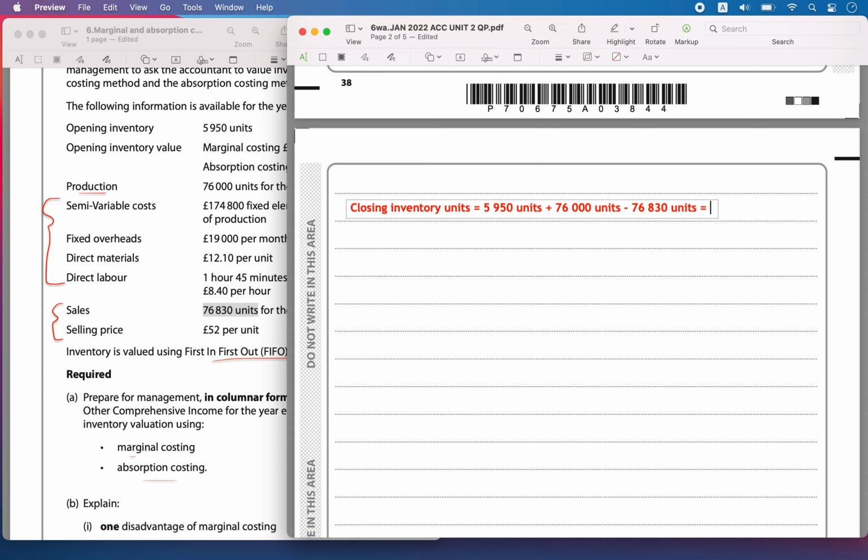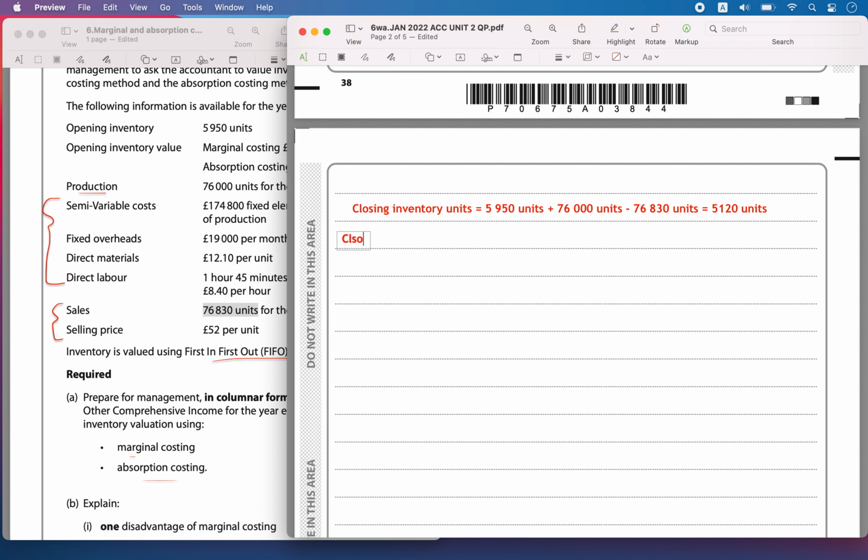So this is going to give us the closing inventory units, that's going to be equal to 5,120 units. So 5,120 units is the amount of closing inventory left now.